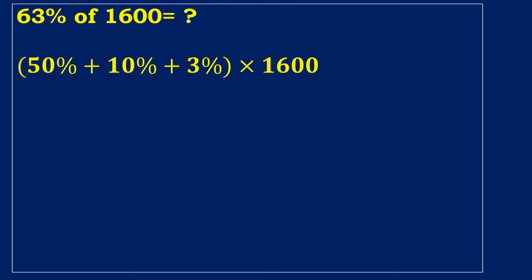Consider the third example. How to find 63% of 1,600. 63% is equal to 50% plus 10% plus 3%.